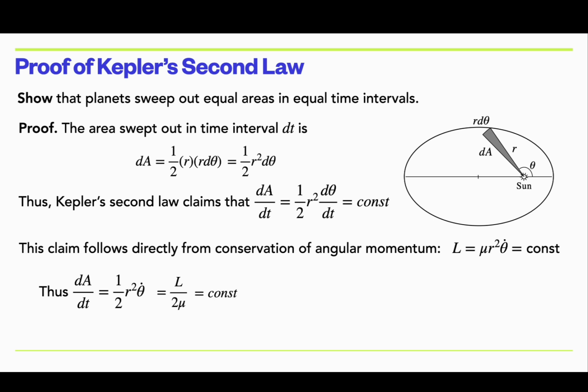And since the angular momentum is a constant, dA/dt must be a constant. So basically we've shown that because angular momentum is conserved, dA/dt must be a constant. And so Kepler's second law follows directly from conservation of angular momentum.